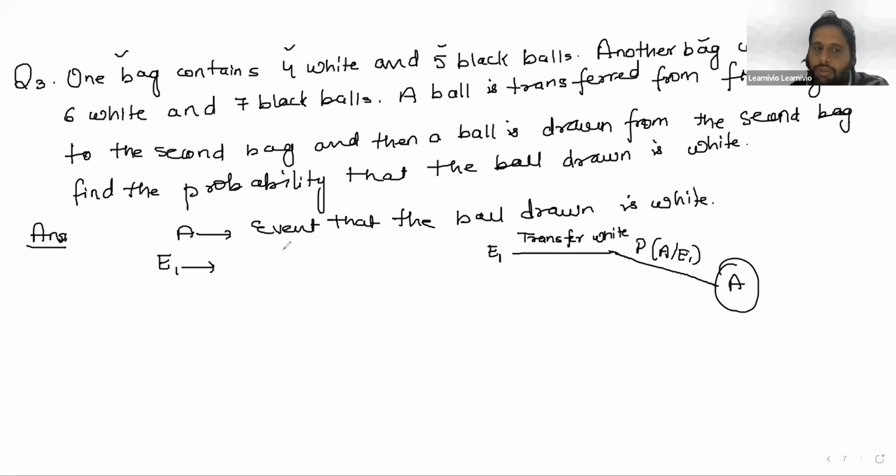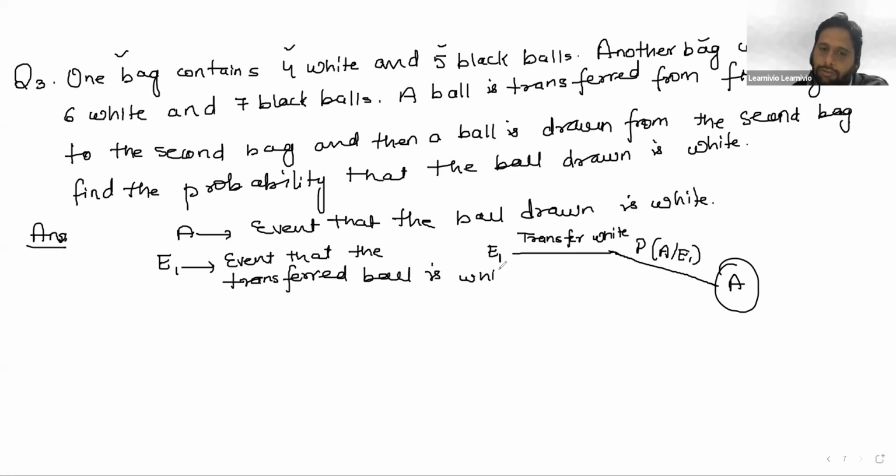This is the root. E1 is the event that the transferred ball is white. So what is P(E1), Atif?